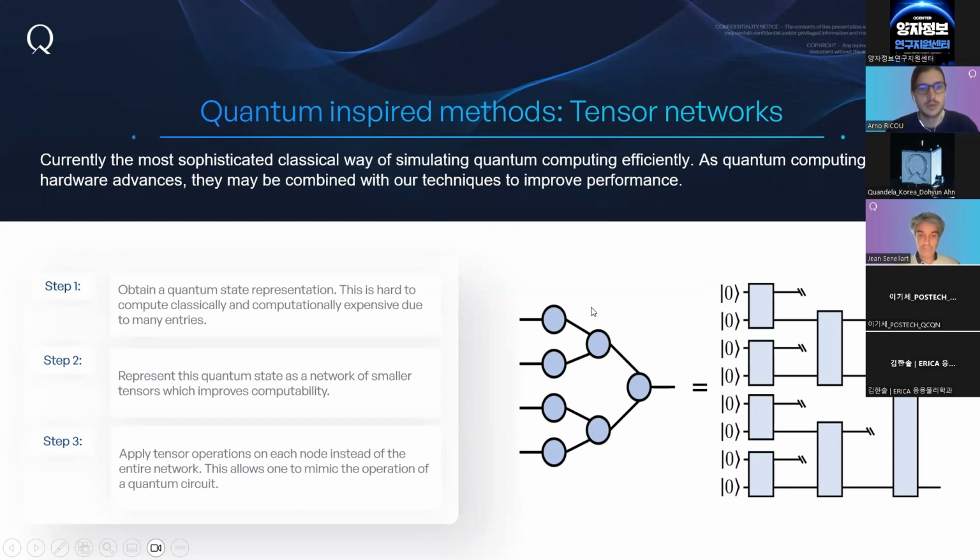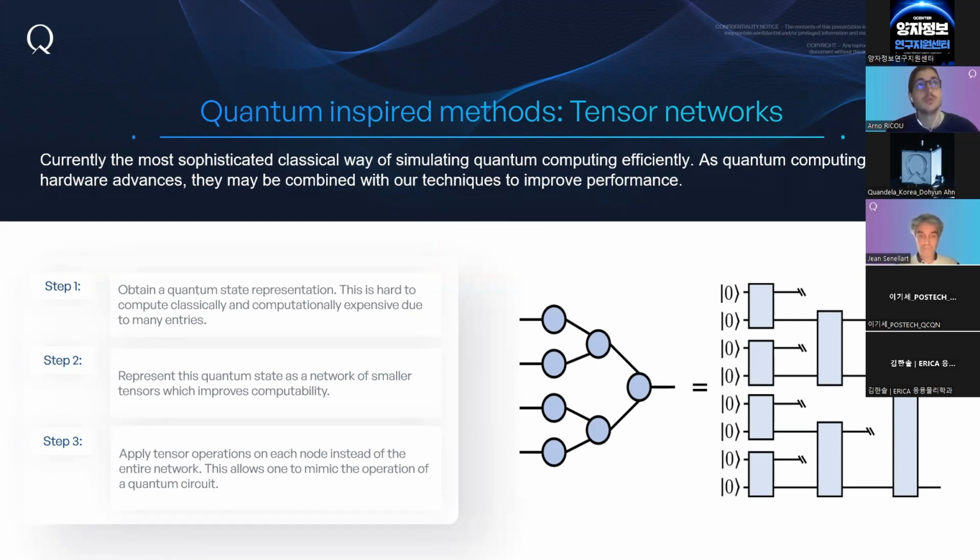So instead of having this state in just one big tensor of dimension n, we represent this quantum state in smaller tensors, as shown here. On the right you have the quantum circuit, on the left you have the tensor representation of this one. And this requires much less.